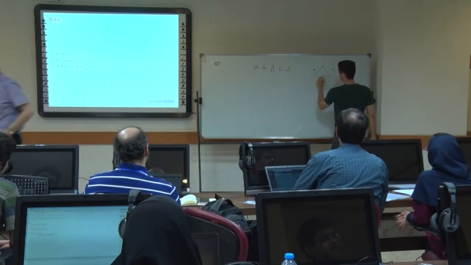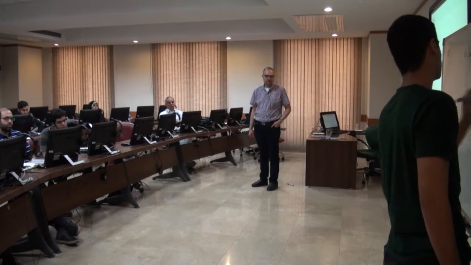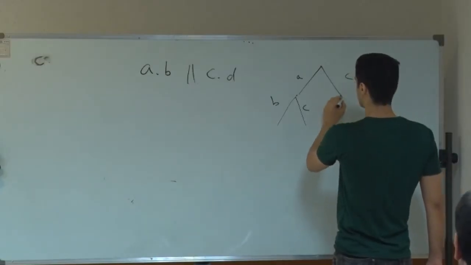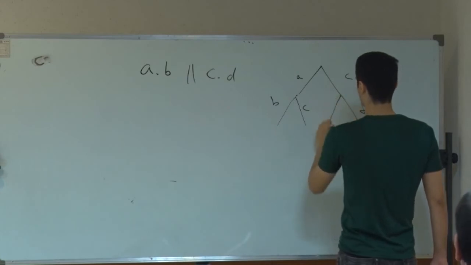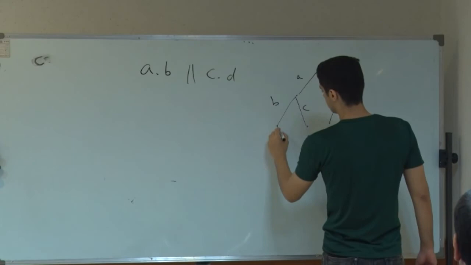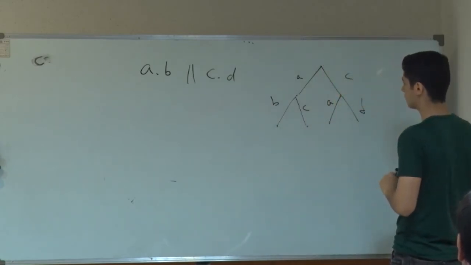Here we can take B, here C. Here we have C, then D, A. B here. So after AC and CA, you get to the same point again.